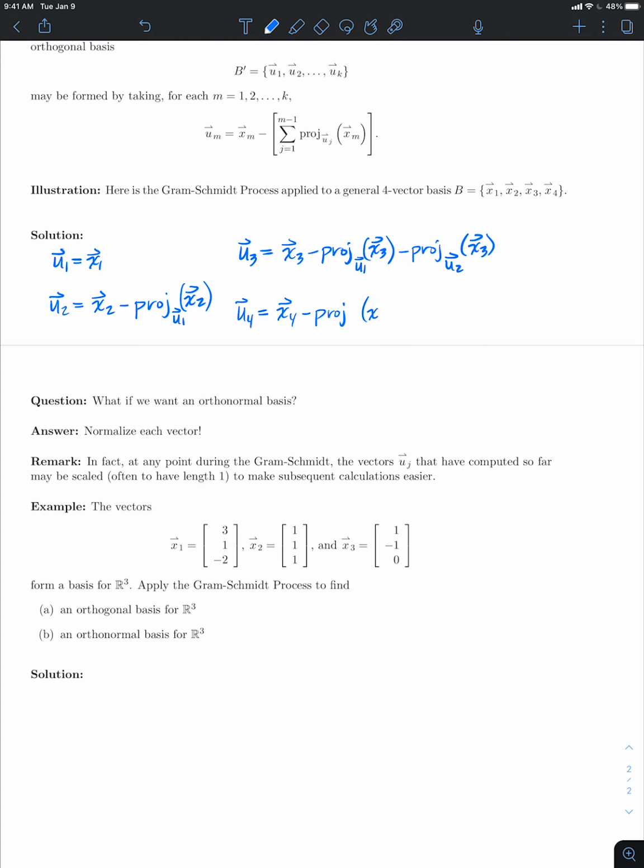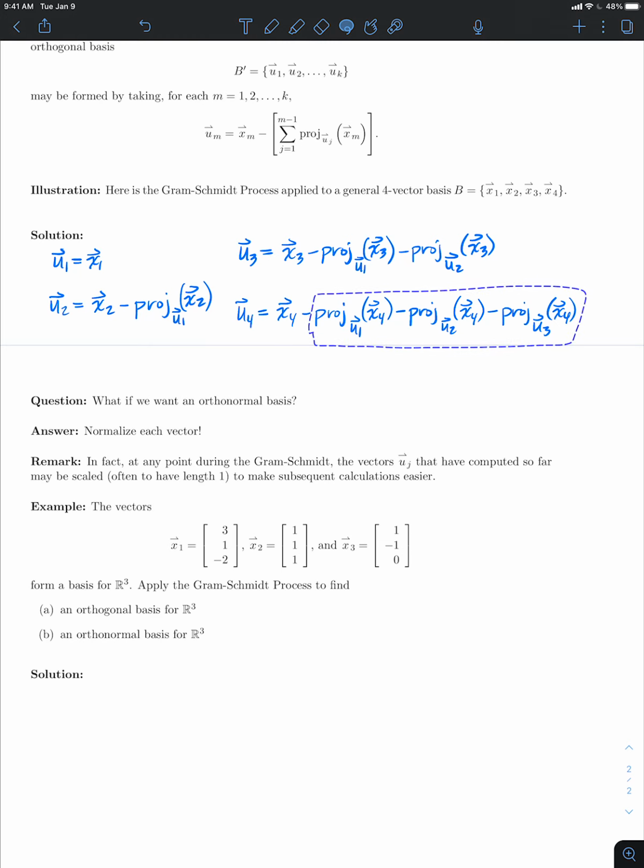And that's why this actually gets very computationally demanding very quickly, even for numbers that seem fairly simple at the start. So what's this last term? Minus the projection of x4 onto u3, finally. So see, we took u4 to be x4 minus its projection onto all the other vectors we've formed at each point in the list.